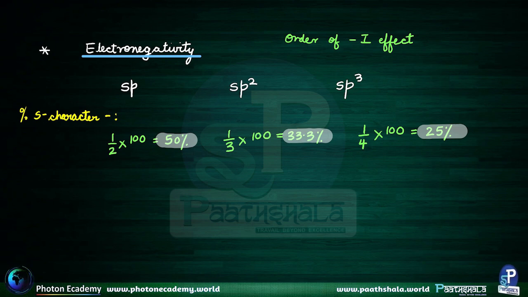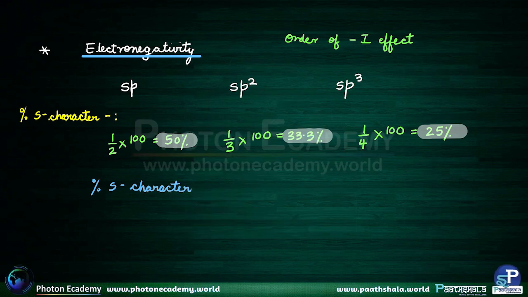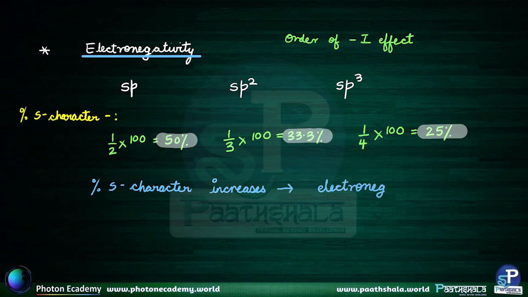Now, there is this one condition which you have to remember: as the percentage S character increases, any increase in the percentage S character is directly related to an increase in electronegativity. So percentage S character increases, leading to the increase in electronegativity.